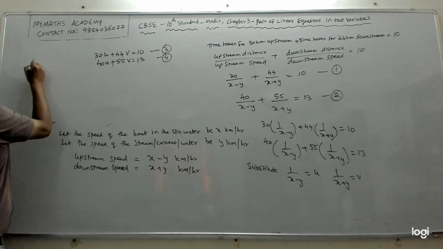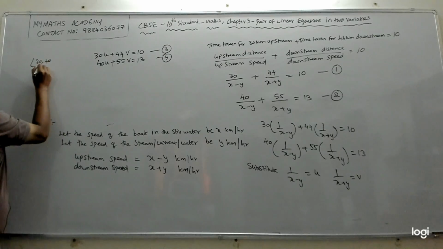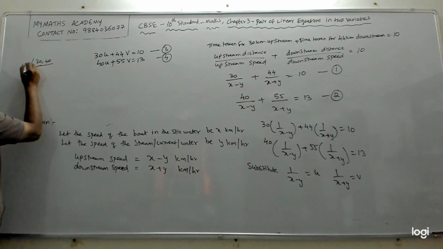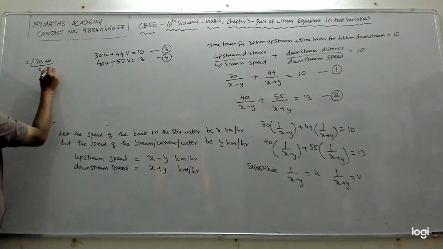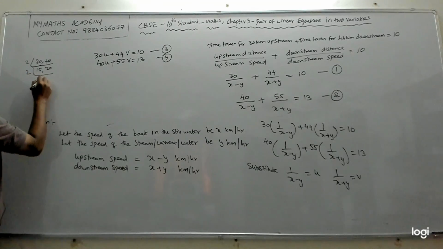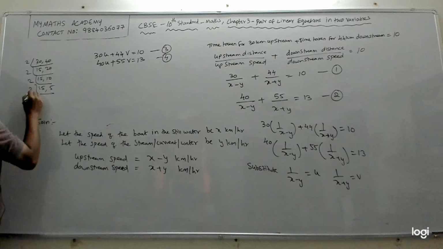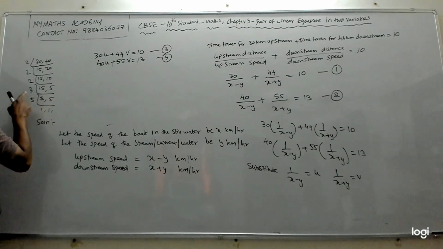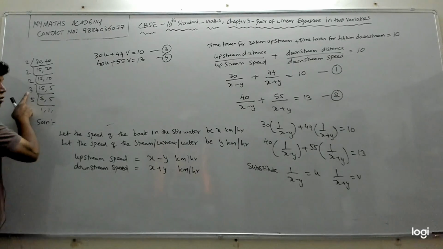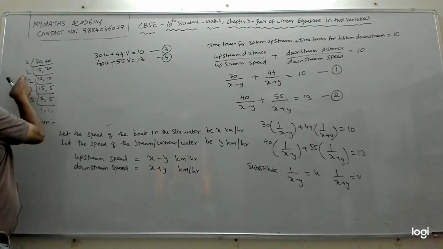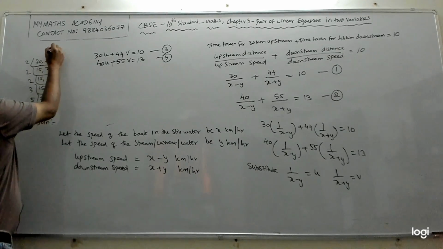So how do we find that this should be multiplied by 4 and this by 3? We can try to find the LCM of 30 and 40 generally. So what is the LCM of 30 and 40? We'll take 2, 15, 20, again 2, 15, 10, again 2, 15, 5, then 3, 5, 5, then with 5, 1, 1. So multiply, 5 3s are 15, 15 2s are 30, 30 2s are 60, 120. You get 120.